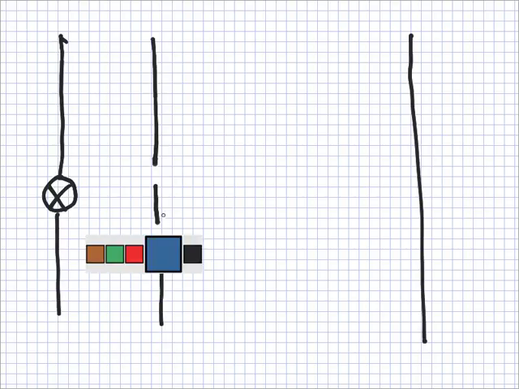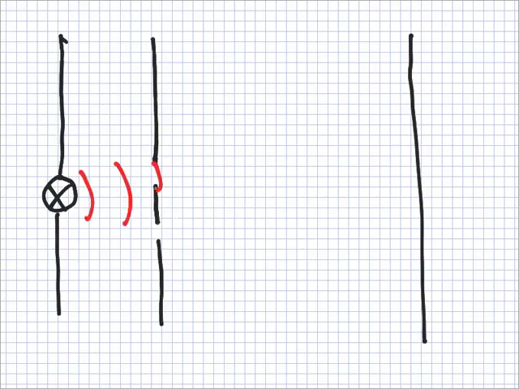So, I'm going to use red for crest and blue for trough. Okay, so we'll go crest, crest, crest, crest, and in between the crests, trough and trough.